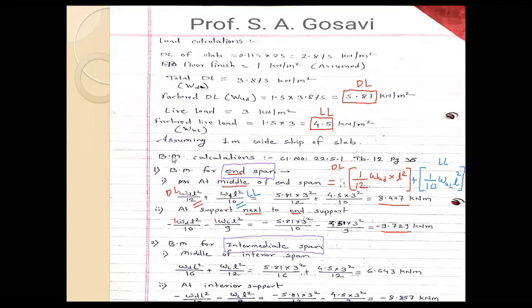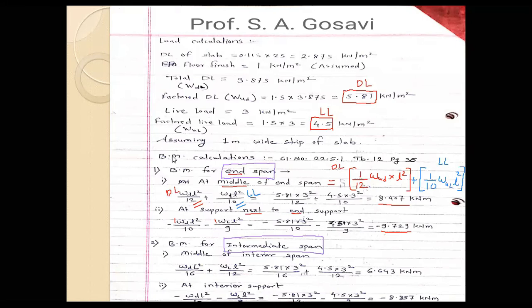So again for the intermediate span, the bending moment for intermediate span means other than end spans. I have already told you the spans which are at the ends are called end spans, and except those end spans, we are having three more spans which are intermediate spans. So the bending moment is calculated at the middle of interior span and at the interior support.